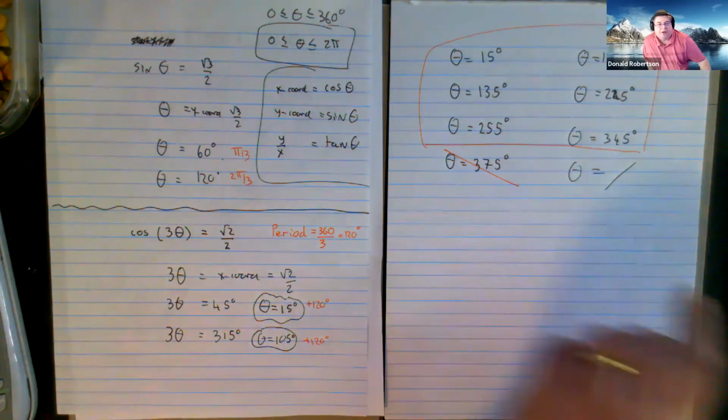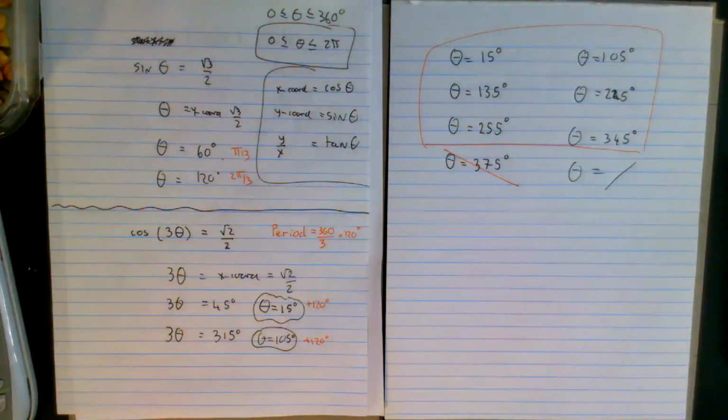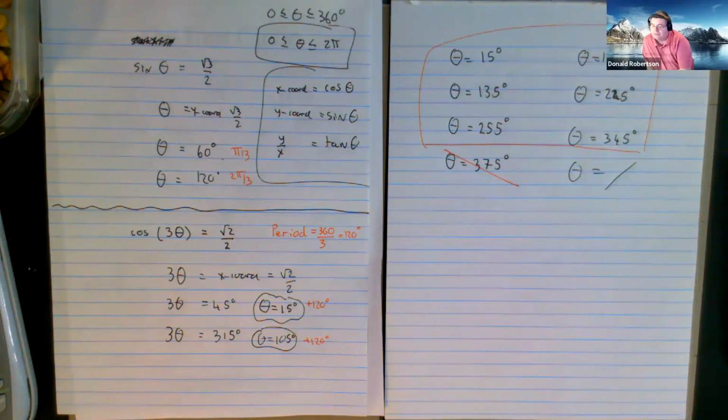Isn't that essentially just writing 15 plus 360 over 3k? Yes, it is, and stopping when you get to a number that's too big.